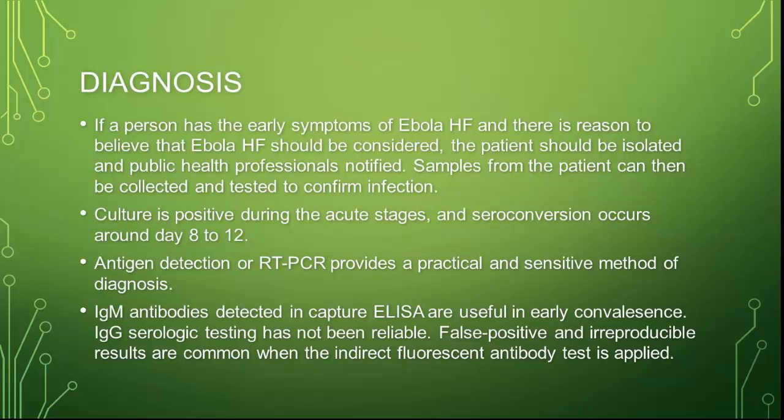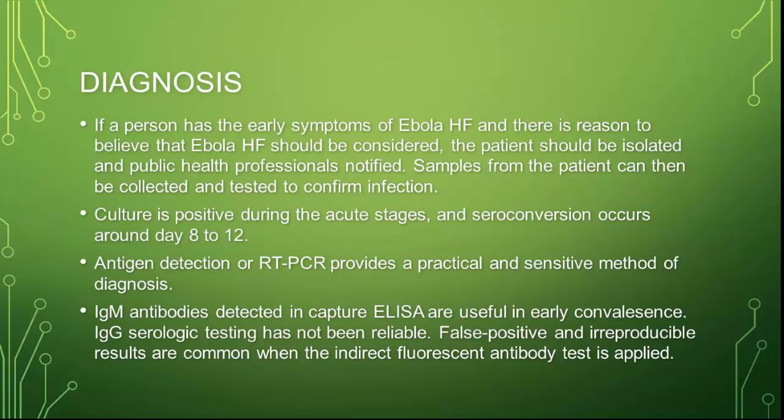So again, if a patient has early symptoms of Ebola hemorrhagic fever, and there's a reason to believe that this diagnosis should be considered, the patient should be isolated and the public health professionals notified. And then samples from the patient can be collected and tested to confirm the infection.